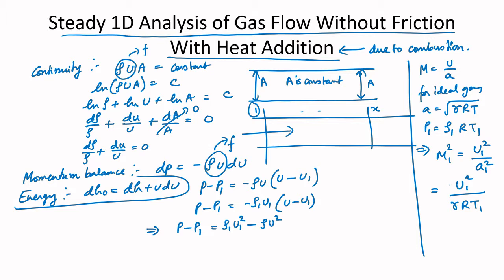If I multiply both sides by rho 1, then I get essentially rho 1 u1 squared is equal to gamma P1 M1 squared. Okay. So, I can have M1 squared is equal to this.